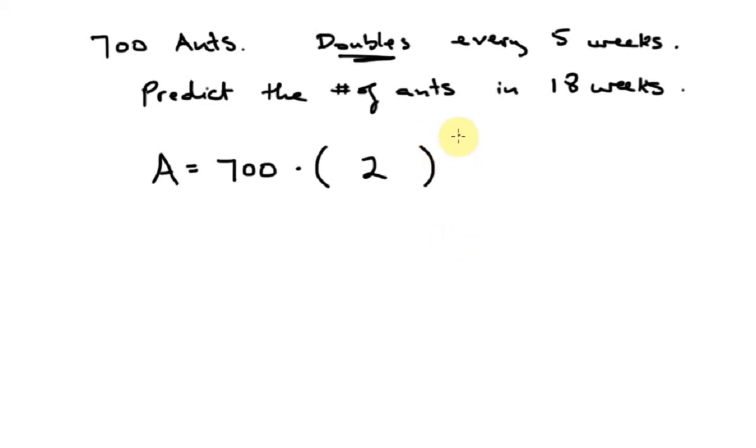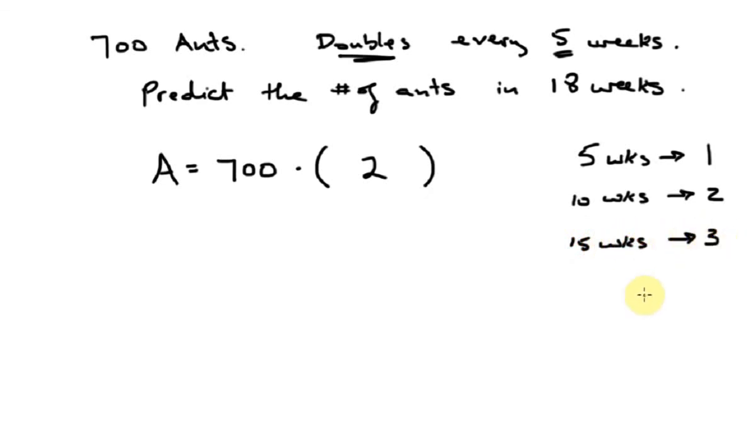The tricky part of this is, what do you put as the exponent? This is where you have to think, how many growth periods did it go through? Every 5 weeks. In the first 5 weeks, that would count as 1 growth period. Then another 5 weeks, so 10 weeks into it, would count as 2 growth periods. Then another 5 weeks, so 15 weeks in total, counts as 3 growth periods. And then we didn't quite make it through to 4.